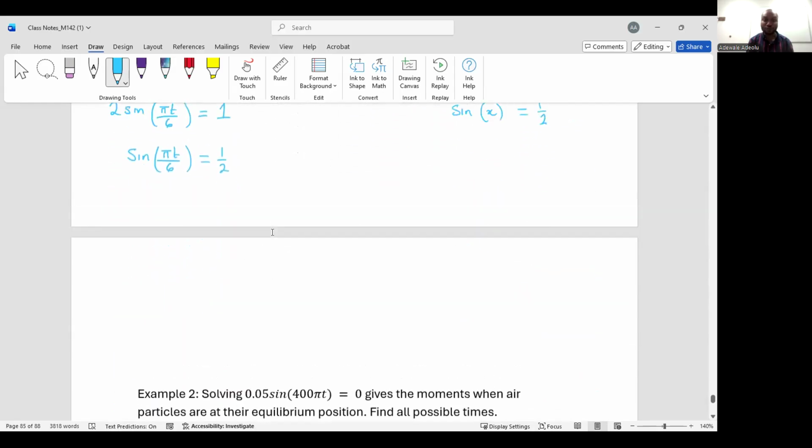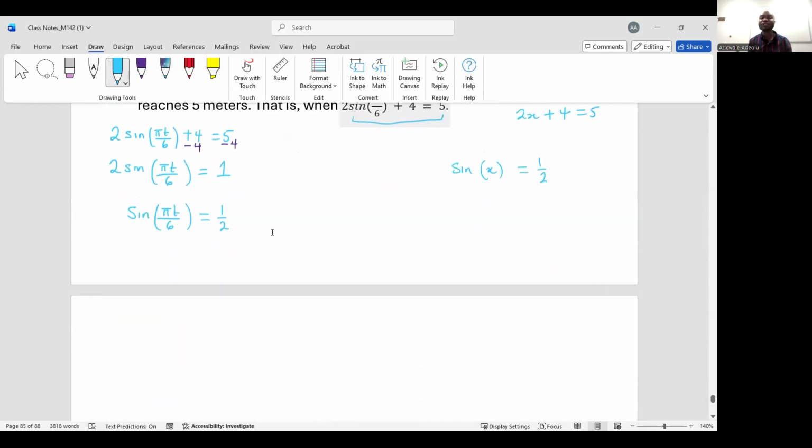Now, I'm looking for all possible solutions, all possible solutions. So I would say pi t over 6 is pi over 6, or pi t over 6 equals 5 pi over 6.